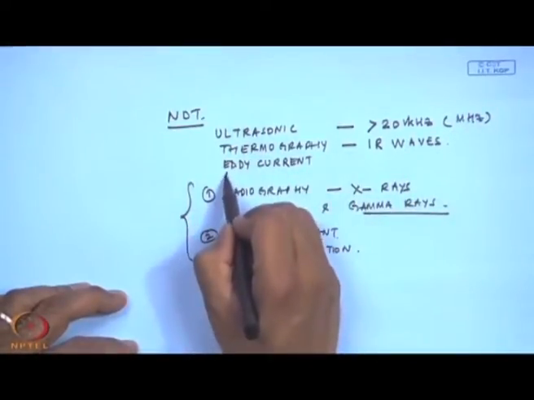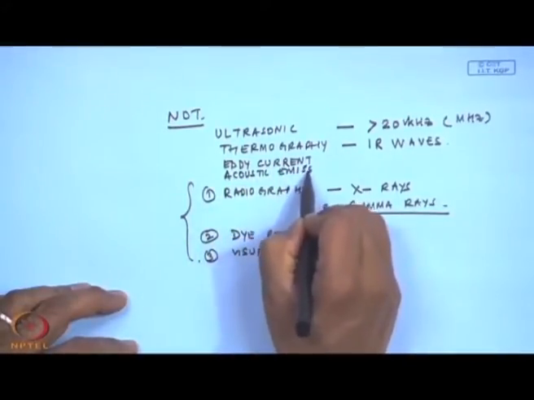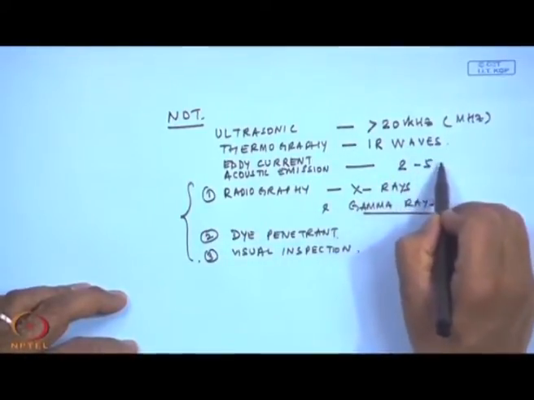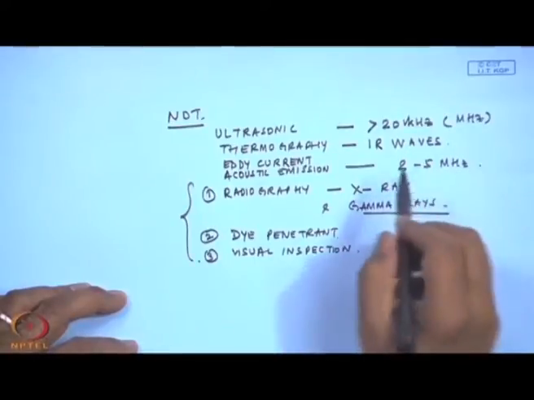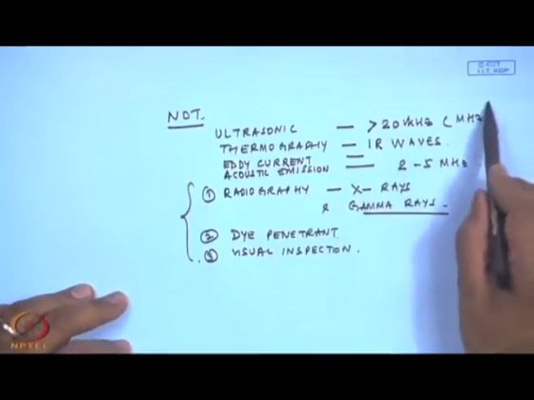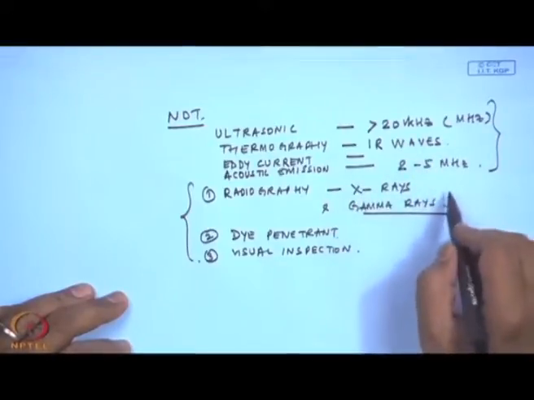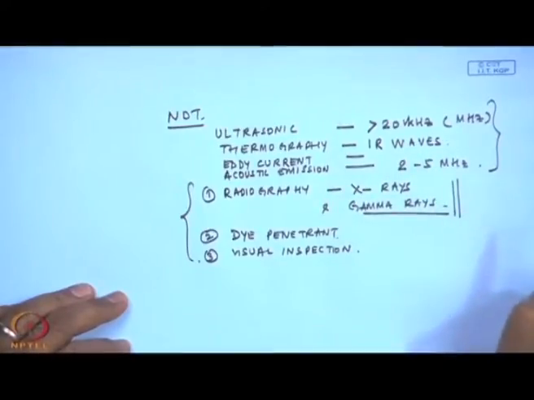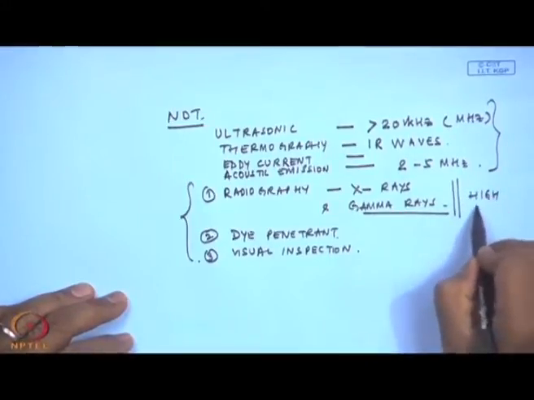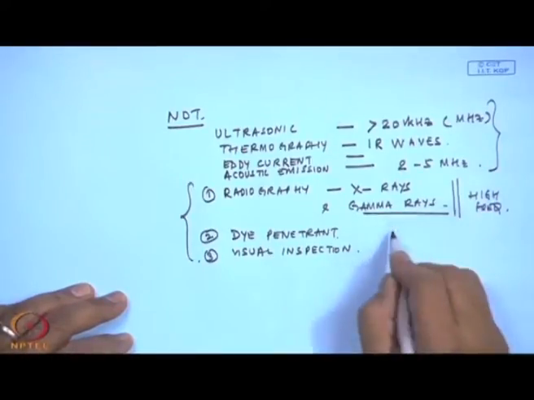Of course, there was acoustic emission also, which is again in the range of maybe 2 to 5 megahertz. And eddy current, of course, depends on the magnetic field. But compared to the frequencies of ultrasonic, IR waves and acoustic emission, X-rays and gamma rays are very high frequency waves. They are all electromagnetic waves.